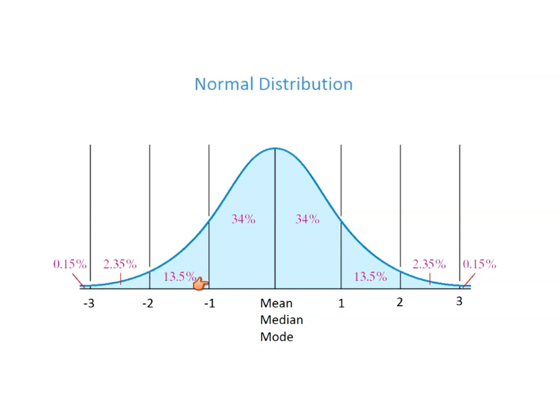So likewise, if I looked for a z-score of +1, I'd be looking for everything up to that point, which means I would be adding this percentage, and this one, and this one, and this one, and this one together. And when I add all of those percentages together, I would get the value for the z-score of 1.